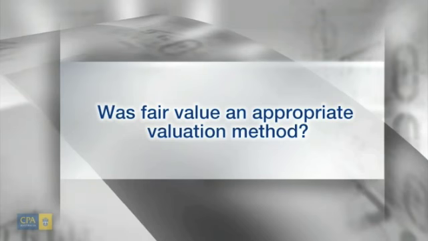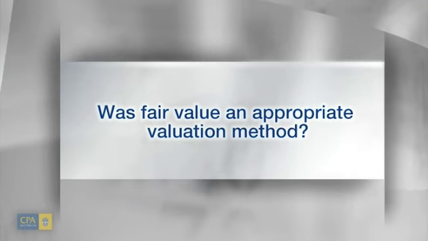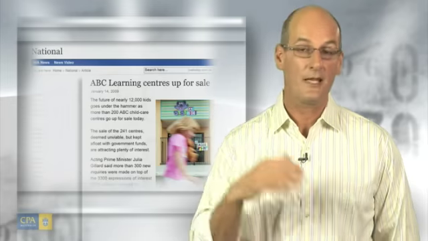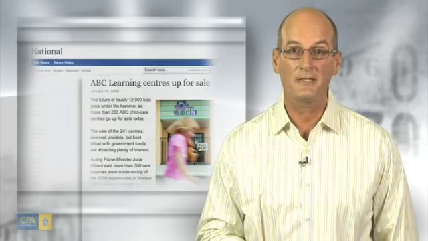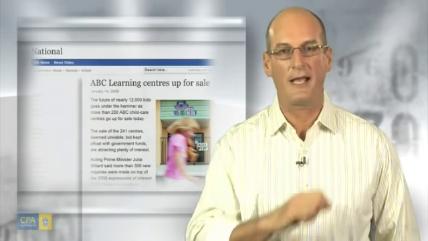As the biggest player in the childcare market, ABC Learning set the market price for childcare centres. So the question is whether, as the biggest player and price setter in the market, fair value was an appropriate valuation method. As history shows, the company's collapse indicates the purchase price was way too high, much higher than the real value of the assets.